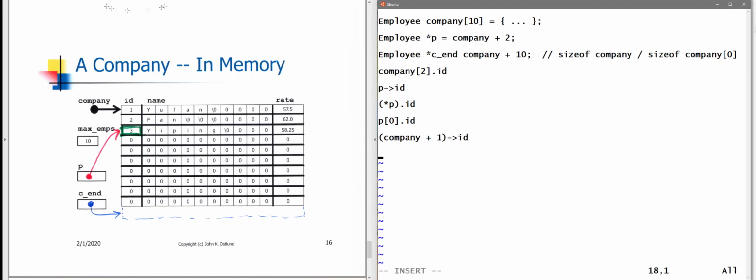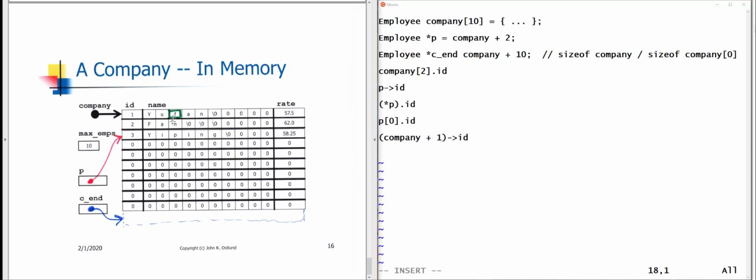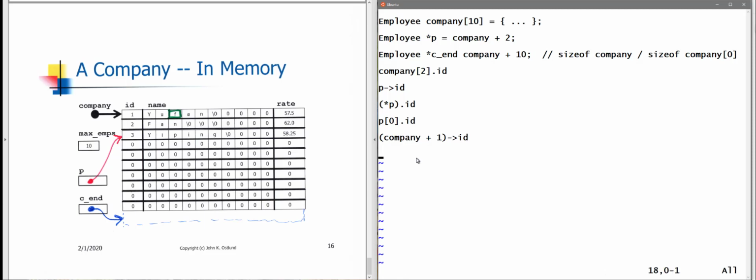All right, let's take a look at one more. How do I access this F in the third position in the name array of the first element in the company? Well, let's see. So the obvious way, I guess, is company sub 0 dot name sub 2.